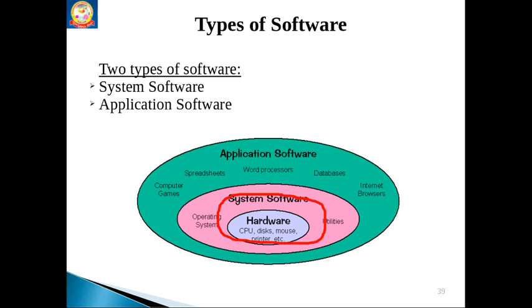Then application software means to develop any kind of application we use application software. Like for gaming we use gaming software. To edit any documents, we use word processors. Or to keep any data in the form of a database, we use databases. And if you want to browse the net, we use browsers. All these are application software.